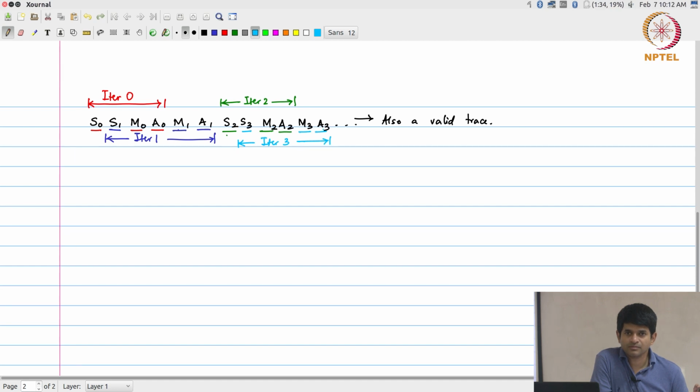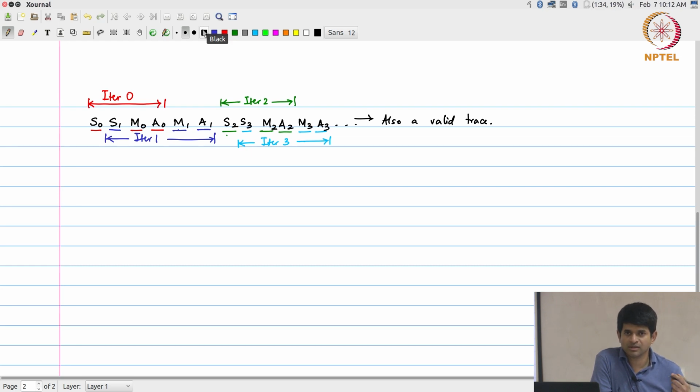Okay. So, a couple of observations here. One is iterations can overlap. Before the 0th iteration has completed, the second iteration has started. Is it possible for the second iteration to complete before the 0th iteration? That does not really make sense, because by definition the first execution of M or A or whatever it is is considered as part of the 0th iteration.